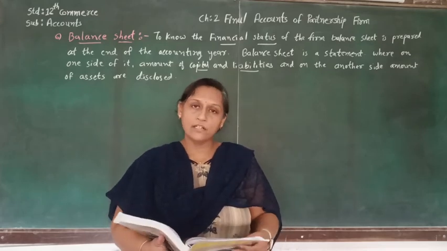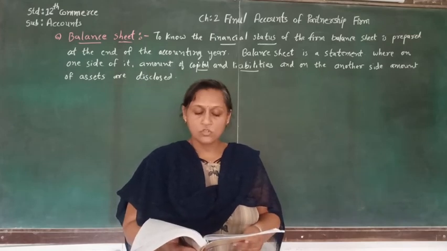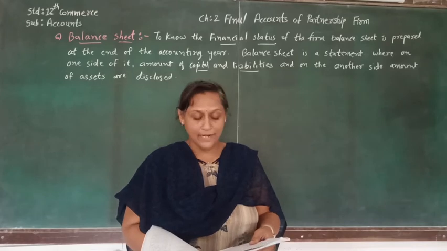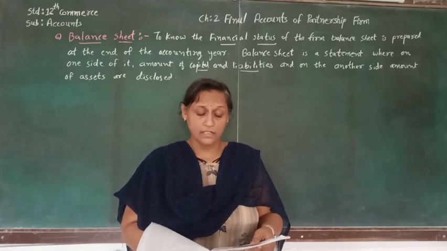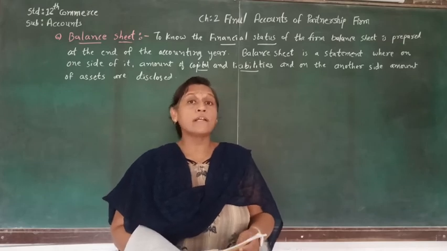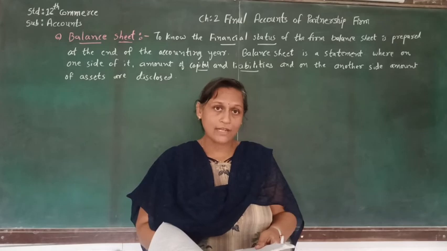After writing non-current assets, the next heading is investment. Investment wherever it is made by the partnership firm. It can be in government securities, or in the provident fund, or in the shares of any company. That we are supposed to write over there.